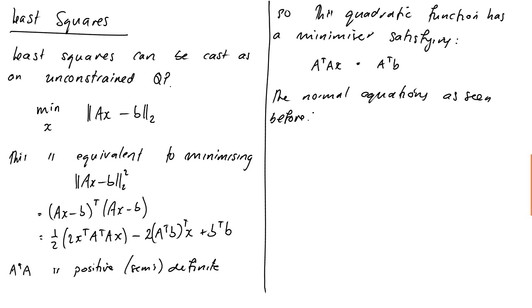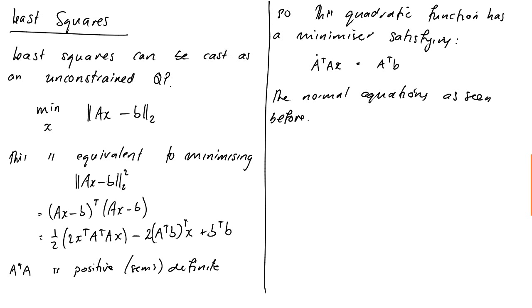So I guess this is not so much an application as an illustration of tying together some concepts in this course. As we know, we can solve the normal equations. Now, what we haven't talked about previously is that when you solve the normal equations, you've got a positive definite matrix, A transpose A x equals A transpose b.